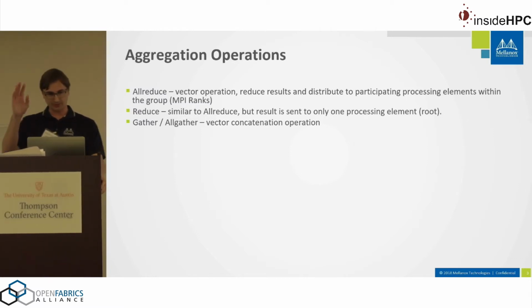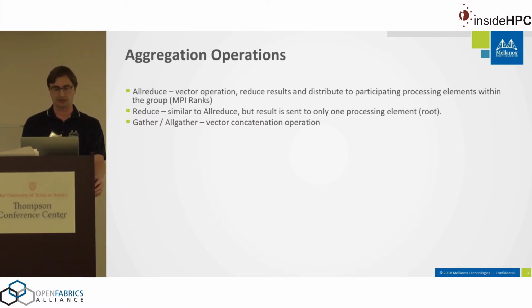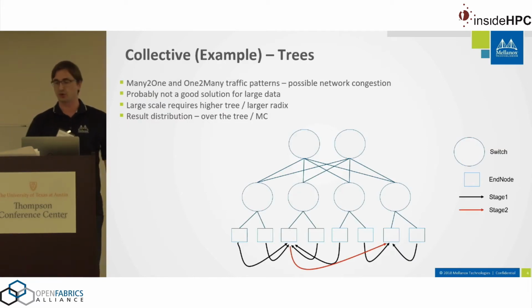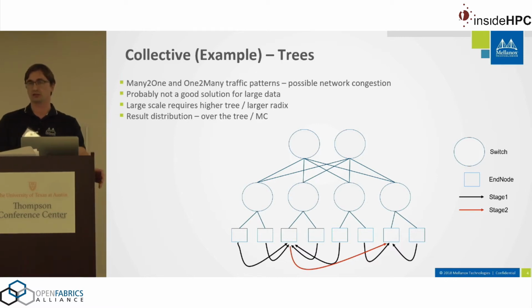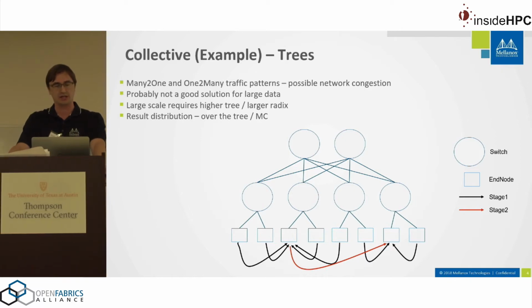Okay, so these are basic operations, and particularly the one that we're going to talk most about here is the reduction operation. Now, so what are some algorithms that we use today for host-based data aggregation? So broadly speaking, we rely on tree-based algorithms that result in many-to-one and one-to-many traffic patterns.